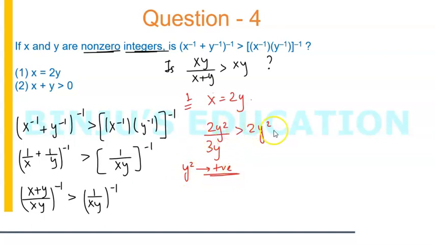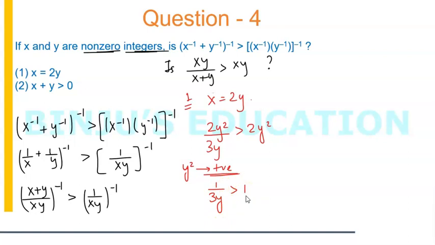Which means I can divide both sides by 2y square, because whenever you divide by a positive quantity, the sign of inequality does not change. We will have 1 by 3y greater than 1.